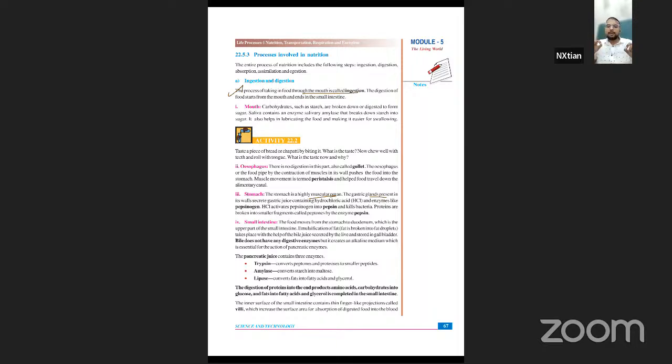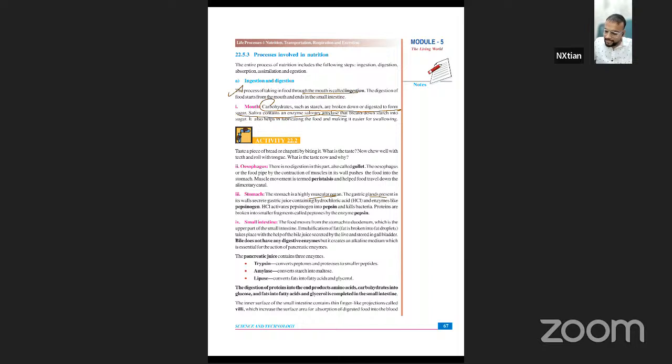As well as, the saliva has an enzyme called salivary amylase. Understood? Salivary amylase. The role of salivary amylase is to digest the carbohydrate part of the food. So in the mouth itself, carbohydrates are broken into sugar form.